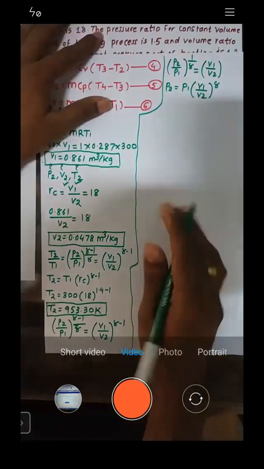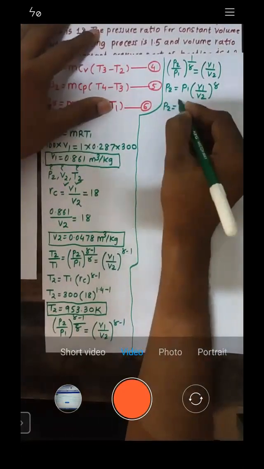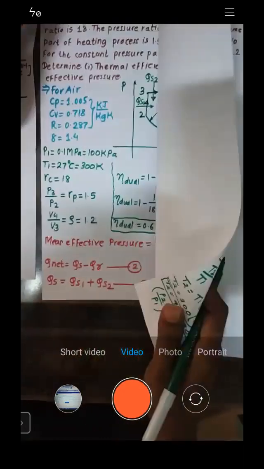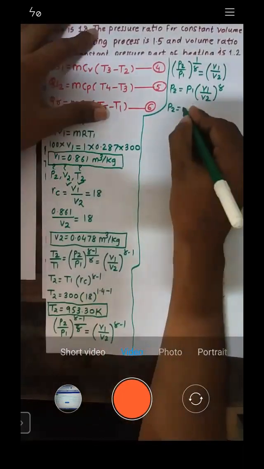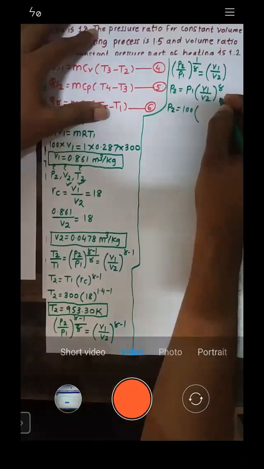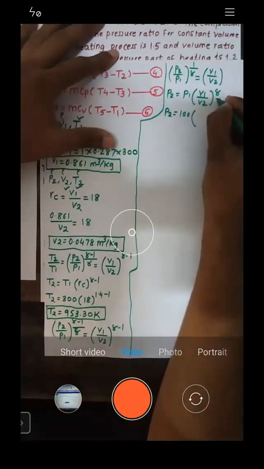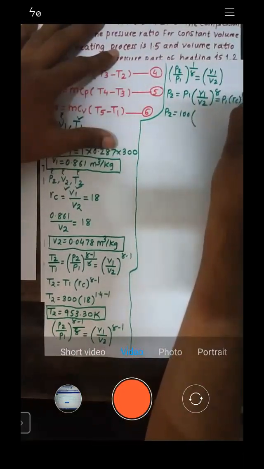So let us calculate it. P1 is 100 kilopascal, and V1 by V2 is RC, so P2 is P1 into RC raised to power gamma.